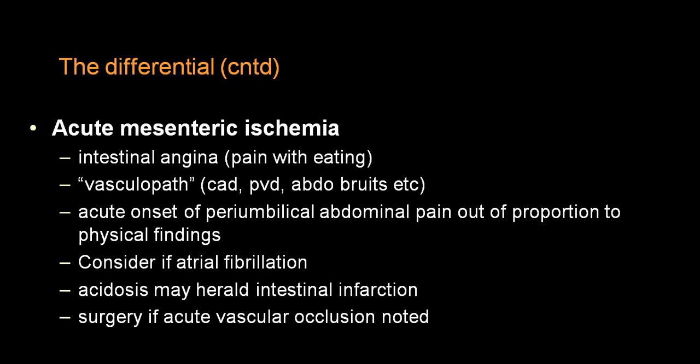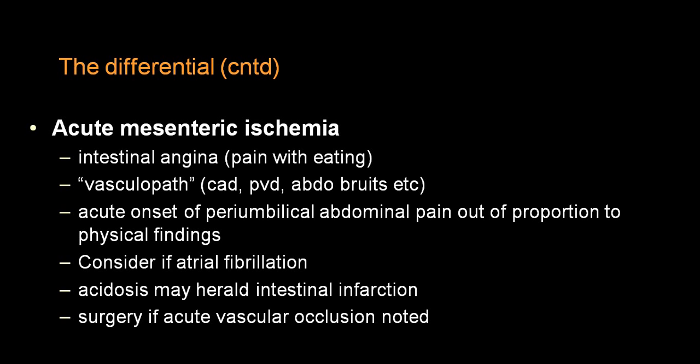Acute mesenteric angina is also called intestinal angina, and that anginal pain comes with pain on eating. It is very commonly because of coronary peripheral vascular disease or abdominal bruit, or may be associated with coronary artery disease. The pain is usually in the periumbilical region.